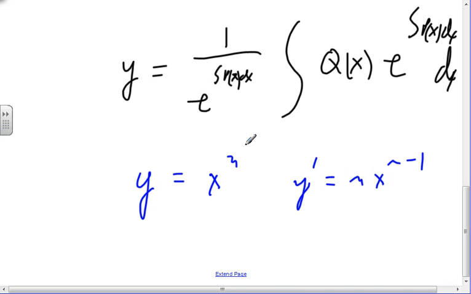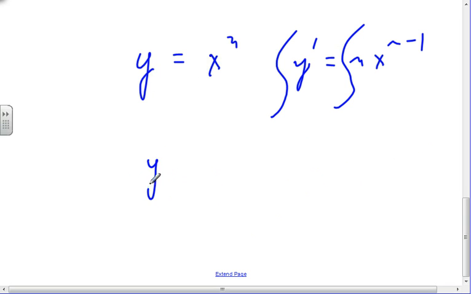And then when I go the other way, if I integrate both sides of this equation, I end up with x to the n. Well, if y is 1 over x, and I take this guy here, what would n have to be if I integrated both sides?